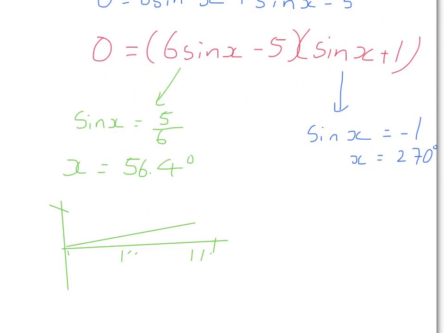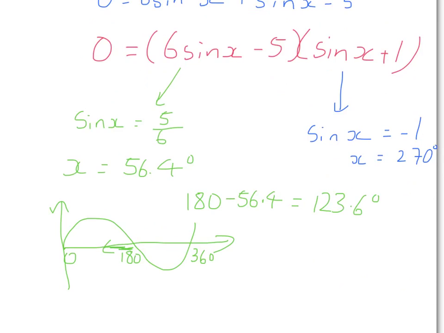So the other solution is going to be 56.4 degrees in from 180. So we do 180 minus 56.4, we get 123.6 degrees. And they are our three solutions between 0 and 360 degrees.